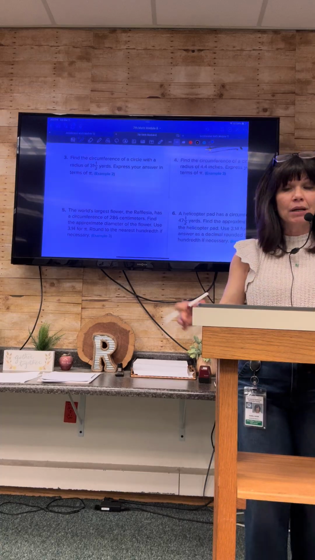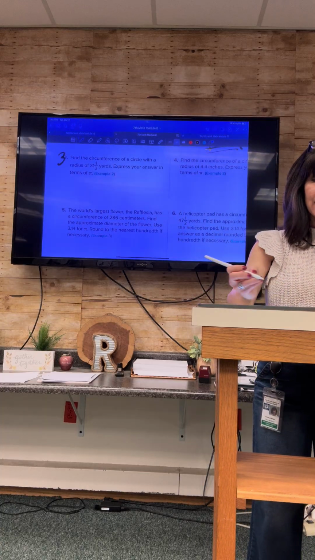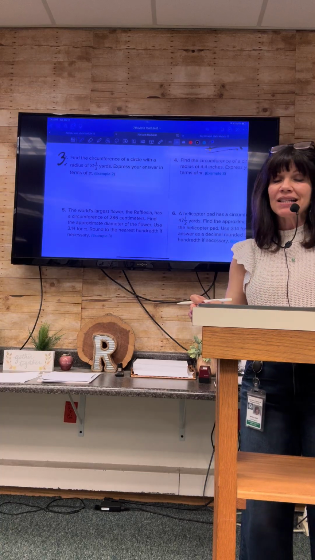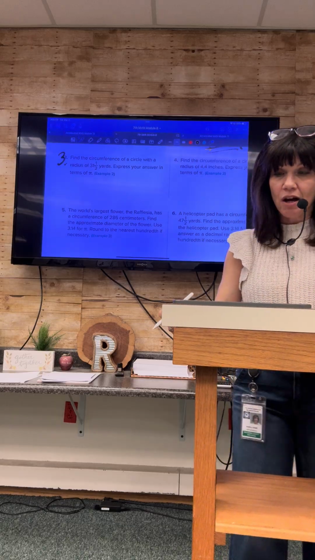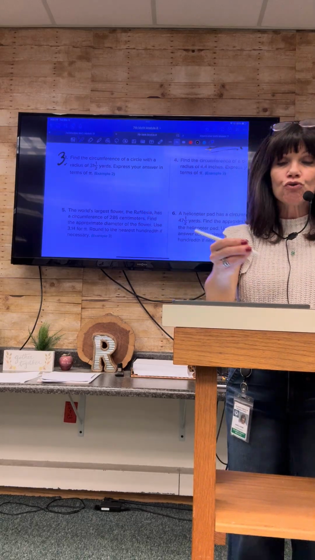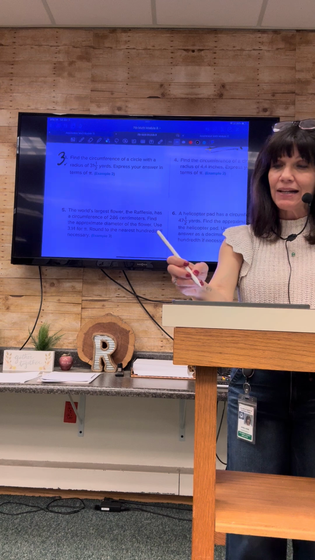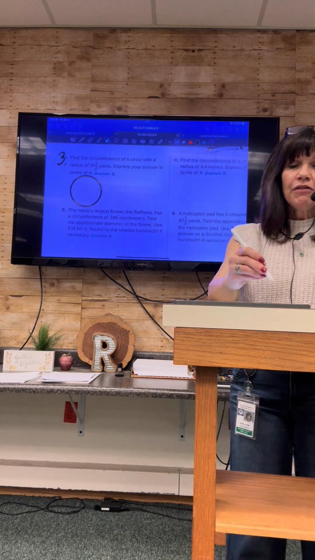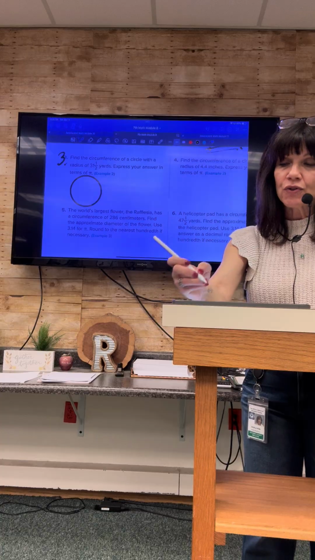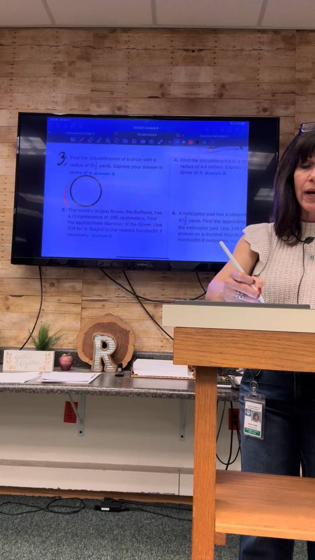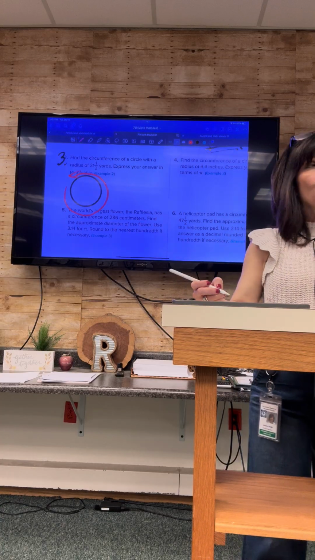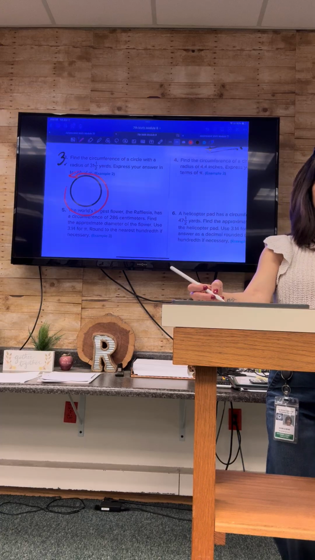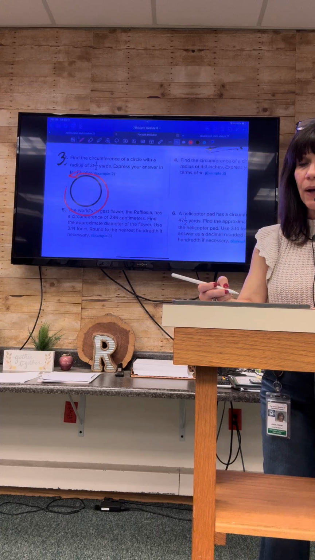Everybody go to item number 3, please. Item number 3. It says, find the circumference of a circle. All right, draw a circle again, please. Everybody in this room, draw a circle again. This time, we're trying to find the circumference, which is the distance around that circle. How can we find the distance around that circle?